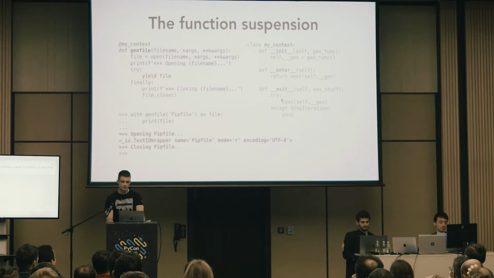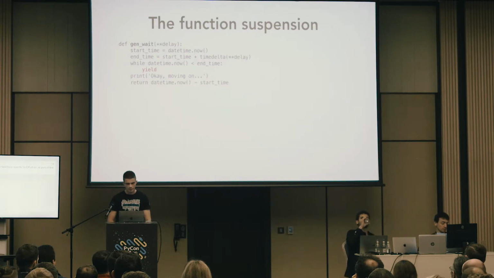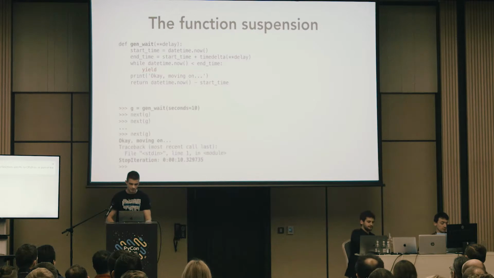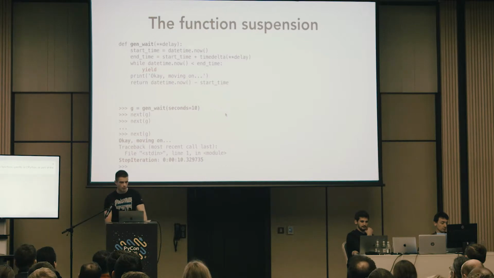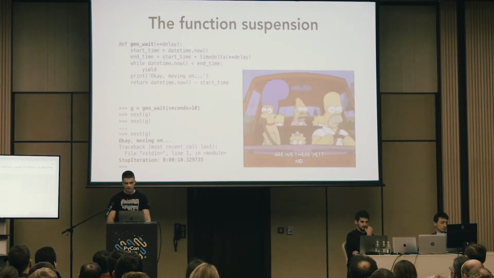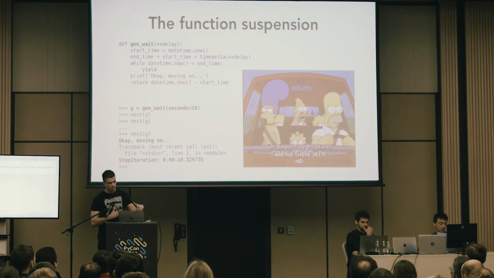So this is one example of the function suspension abuse, let's call it. This is another one, and this is even more stupid. You get this generator which yields until a certain time expires from its initialization, okay? So you have this weird object where you keep calling next, and it's this like, are we there yet approach, where you're asking, can I move on?